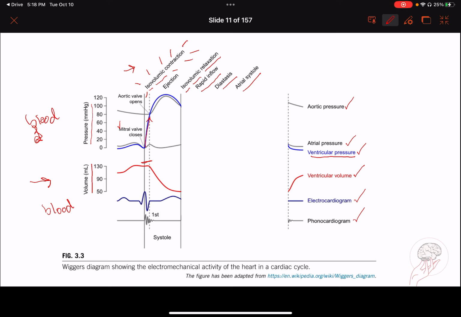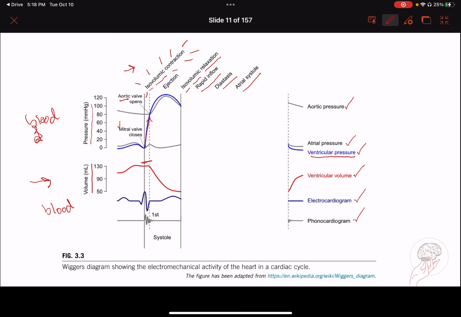At the end of isovolumic contraction, the aortic valve opens. So when the aortic valve opens, we get ejection. The blood is going from the heart into the aorta.